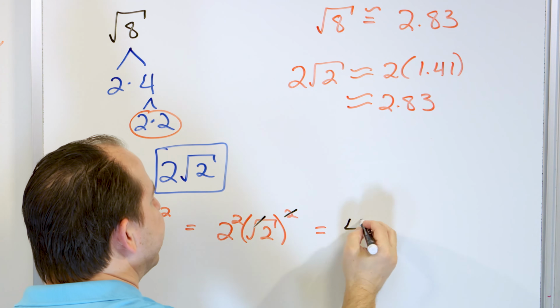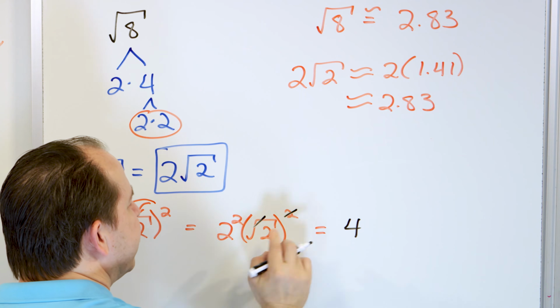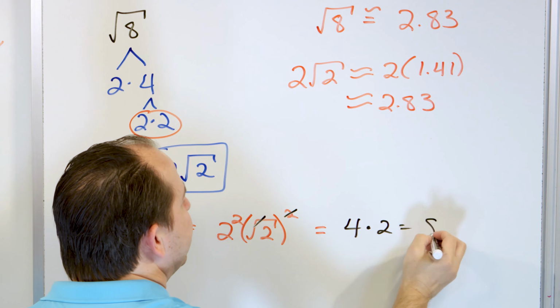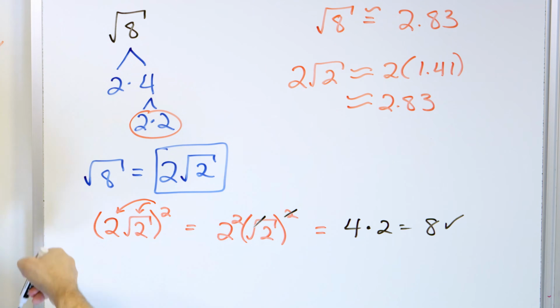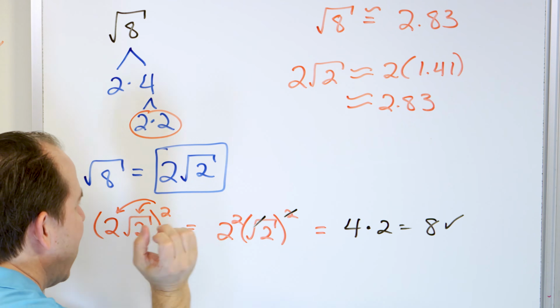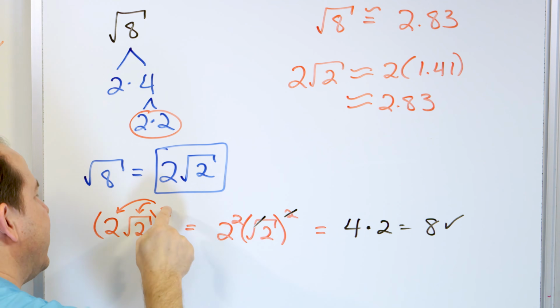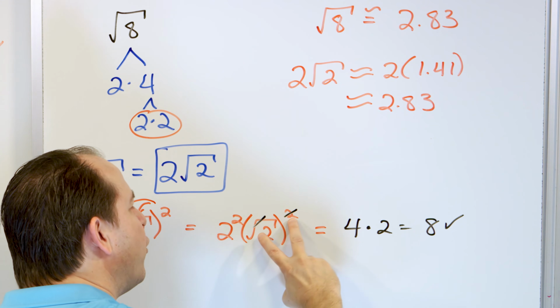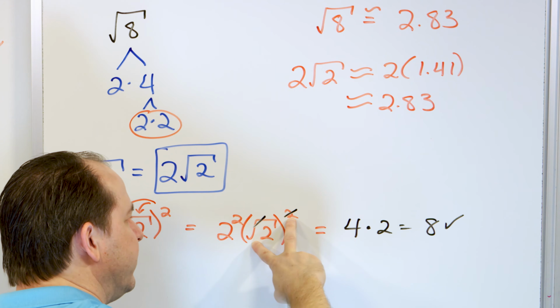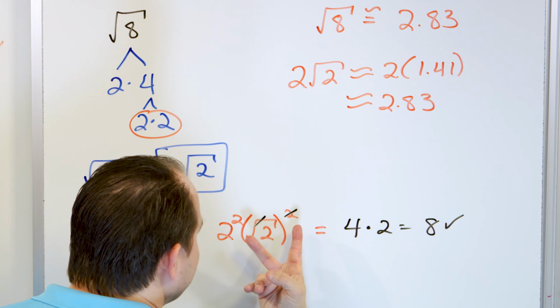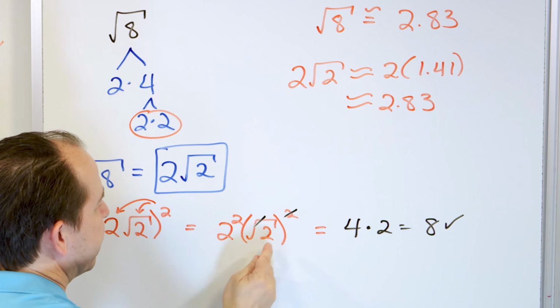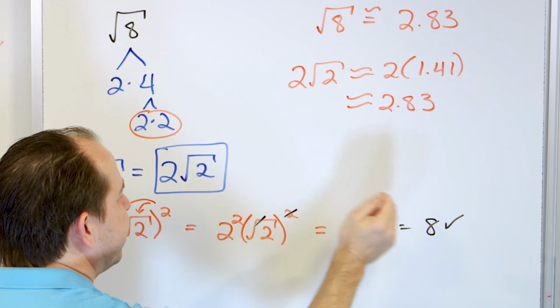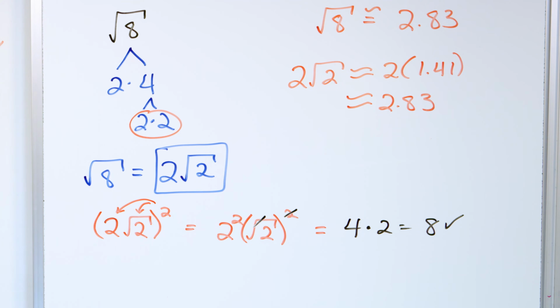You're going to be left with a 4 times 2, because this 2 is what's left behind, which is 8, which is exactly what is under here. So when you square this, you have to know, first of all, that the exponent distributes in, and you also have to know that anytime you have a square that operates on a square root, or backwards, a square root that operates on a square, they cancel each other, and you just have this behind. So 4 times 2 is 8, and we know the answer is correct.